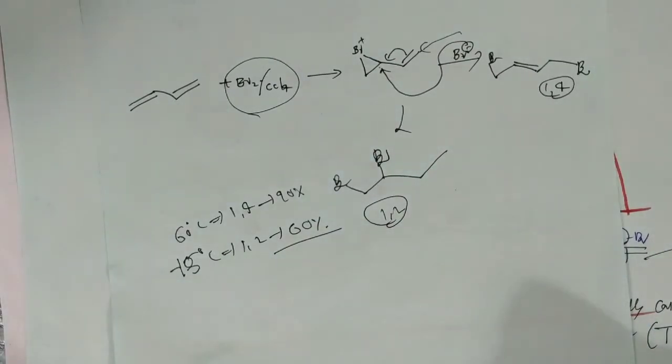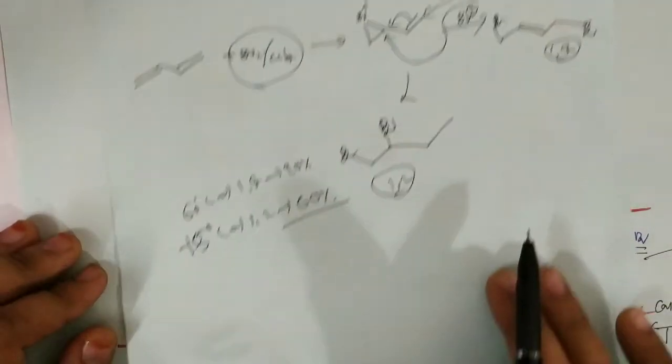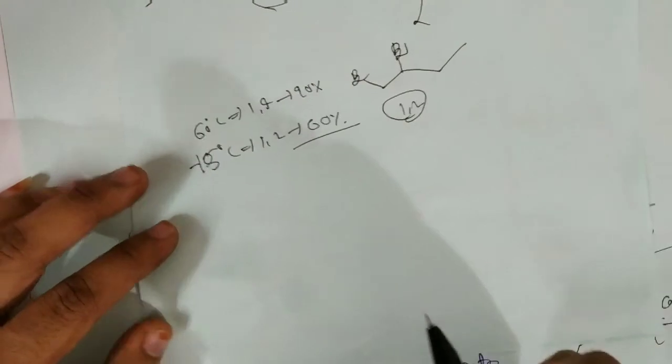Of course, in this case you can see the addition of bromine to the diene takes place in two ways: the kinetically controlled product may be formed and the thermodynamically controlled product is also formed. At low temperature the 1,2 product, and at high temperature the thermodynamically controlled product is formed.